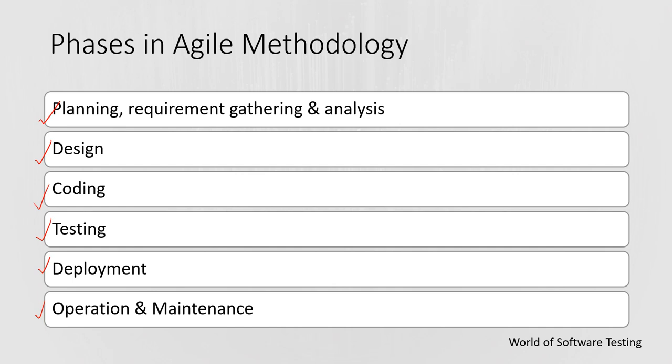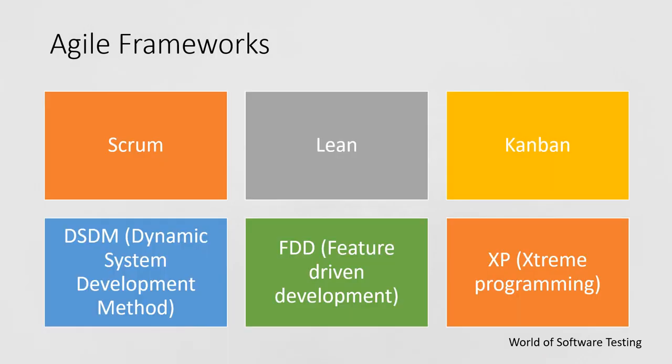Once it is deployed, operation and maintenance activities go on, based on the user inputs. So these are the phases in the agile model. For every sprint, we need to go through all these phases, and each phase completion results in a piece of the application. This is about the phases in the agile methodology.